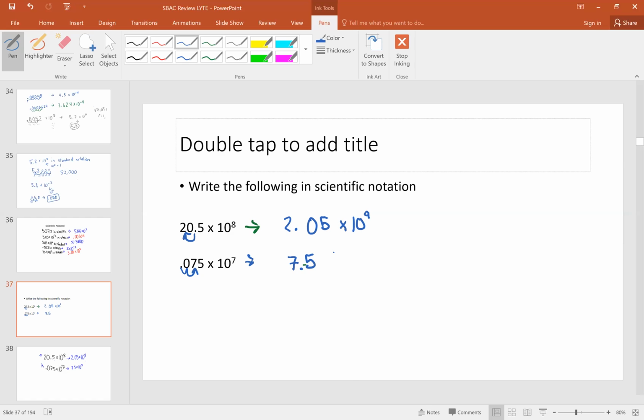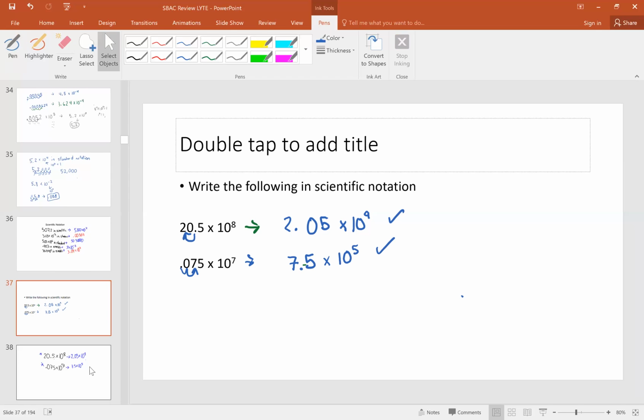Do I go up or do I go down in terms of the exponent? If I'm going to the right twice, I am going to do times 10 to the power of, well, this is going to go down. So this is going to be 10 to the power of 5. All right.